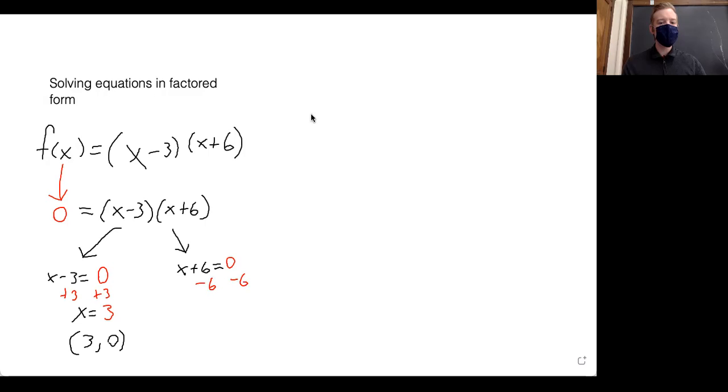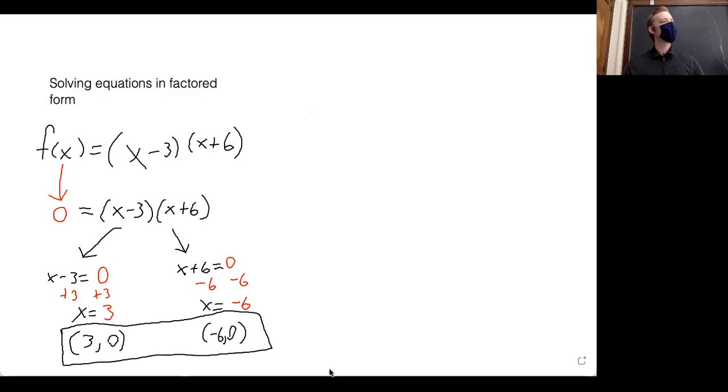And so then I get x equals negative 6, which gives me the point (-6, 0). And that's my other x-intercept. And that's it. That's all I need to do. We found the x-intercepts for this quadratic function. We found the solutions, just like we did when we were looking at a graph. But obviously, this is solved out algebraically rather than graphically.